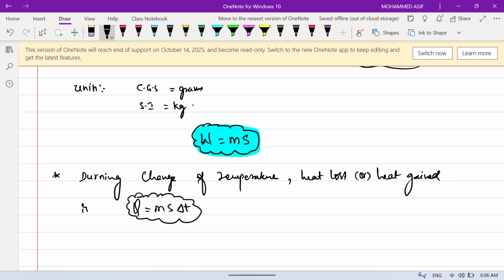So whenever there is a difference in temperature when you're giving heat, heat lost or gained can be calculated by the formula Q equals M S delta T.